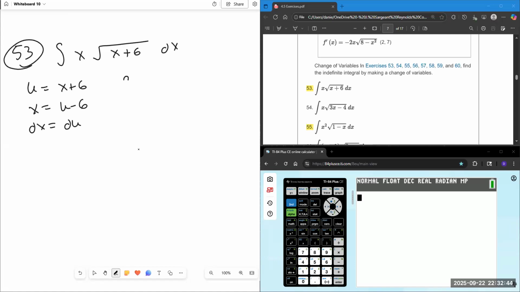I'll make my substitutions. x is u minus 6. This is the square root of u, so u to the 1/2, and dx is du.